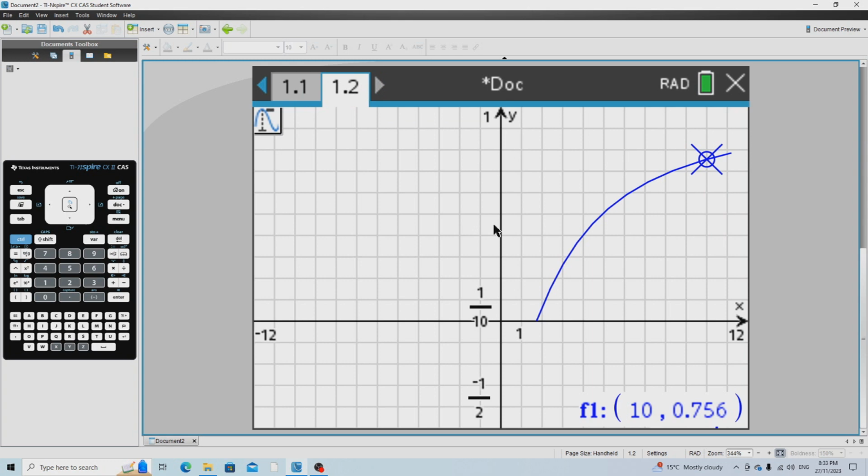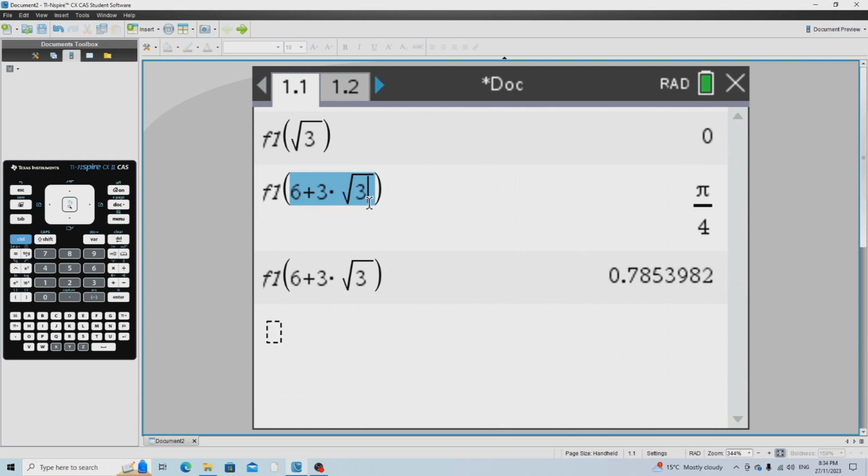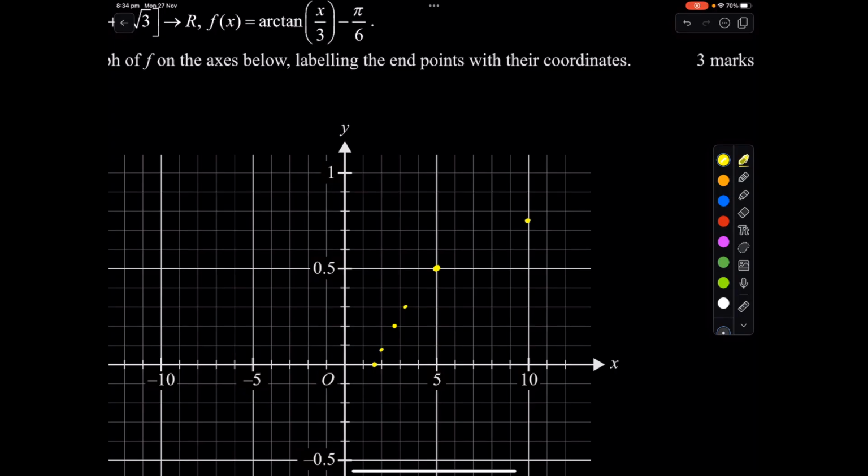What's the actual x number of this? Okay, so around 11.1. So 11.1 is over here, and approximately it's 0.67.